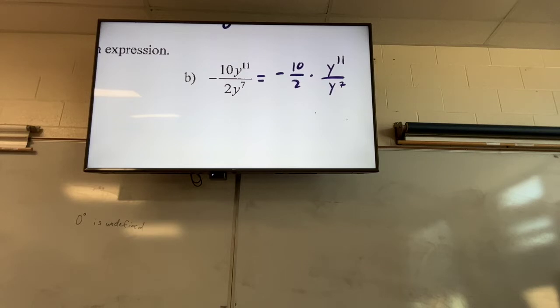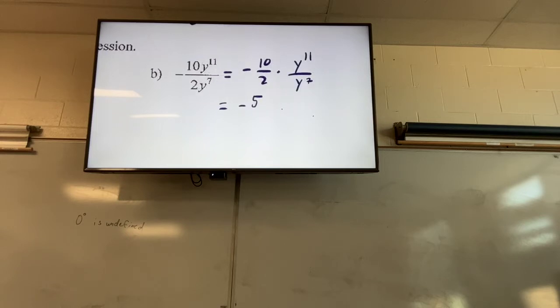Is anyone confused on how I can rewrite it that way? No, so then it becomes negative 10 over 2, which is negative 5, and then y to the 11 over y to the 7 is y to the 11 minus 7, or just y to the 4th. Okay about that?